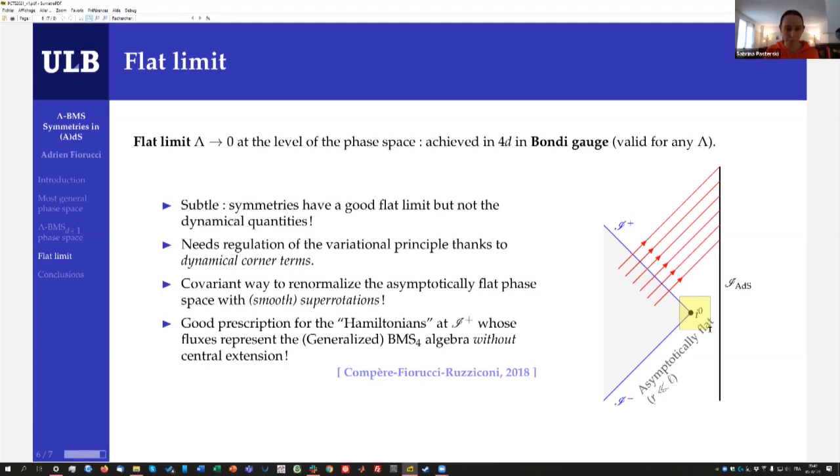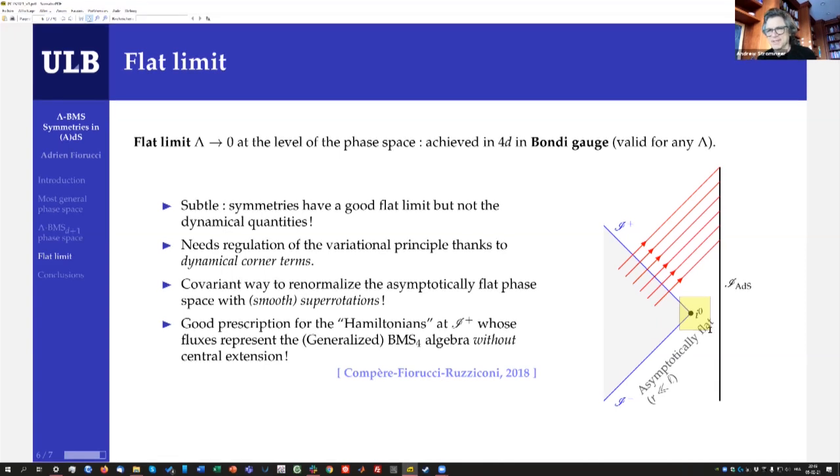Yeah, so it was related to Prahar's question. I think it's super important to understand how one gets BMS at the flat limit of AdS, because at some level, the holography we'd like to understand in flat space should go over to the, you know, we don't really understand how that should happen. And related to that, there are different kinds of asymptotic symmetries and conservation laws that people discuss.